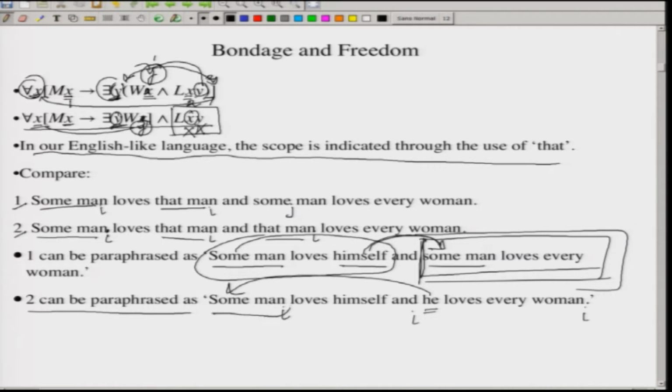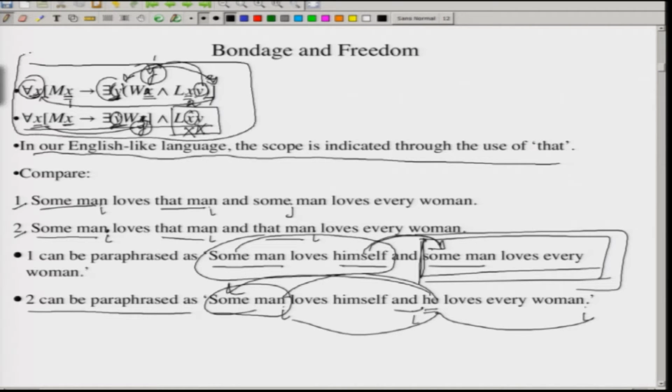Here the binding of some man, or the bondage, if you like, crosses the boundary and it reaches there. So we need to understand this happens due to binding. In the artificial language it's very clear, you can see how the binding happens because of the brackets.